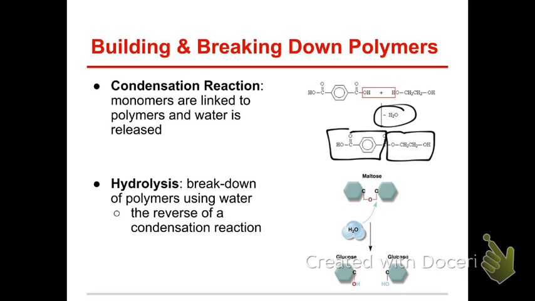But we also get water as a result, which is where we get the name condensation from. Condensation reaction gets its name from the production of water in the linking of those two molecules. So when we link two amino acids together, it's a condensation reaction. When we link two nucleotides together, it's a condensation reaction. When we link the phospholipids to the glycerol, that's a condensation reaction.